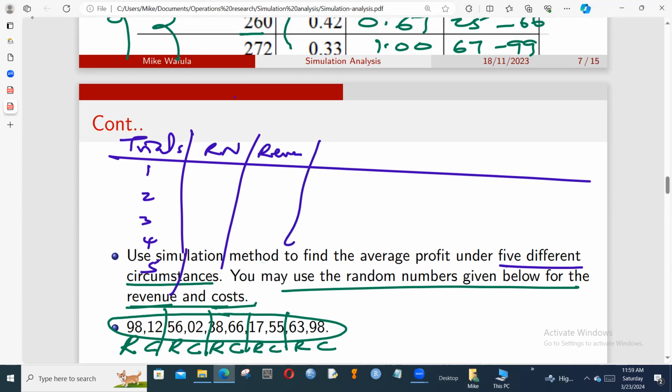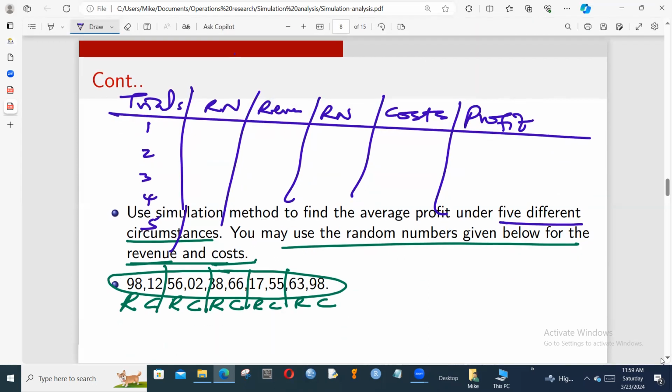So revenue, but you write the random number associated with it first. Then you'll also have the random number associated with costs. Then you can now have the profit as the last thing, because you want to find the profit. So the way we have paired them up, 98 comes here, then 12 is the first one for cost, the random number for cost. I don't know whether we see that.